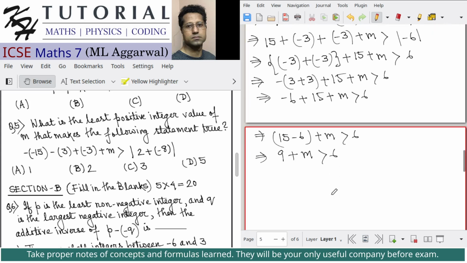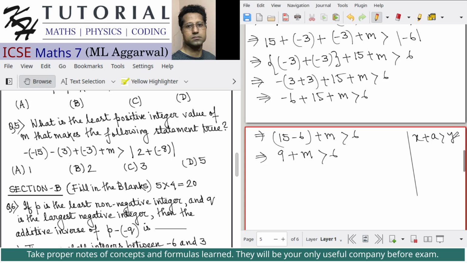Now I can subtract in this kind of inequality where you have something like x plus a greater than y, let's say, where a is some known constant, some known integer. I can subtract any known constant from both the LHS and RHS of this inequality.